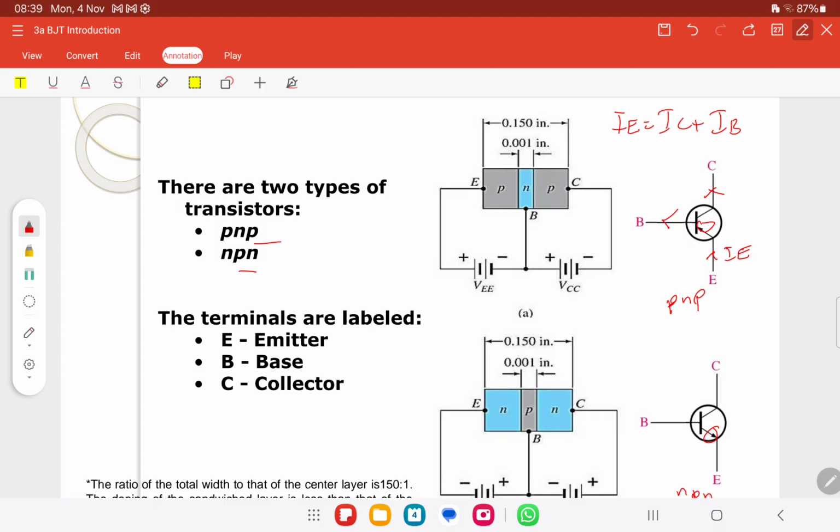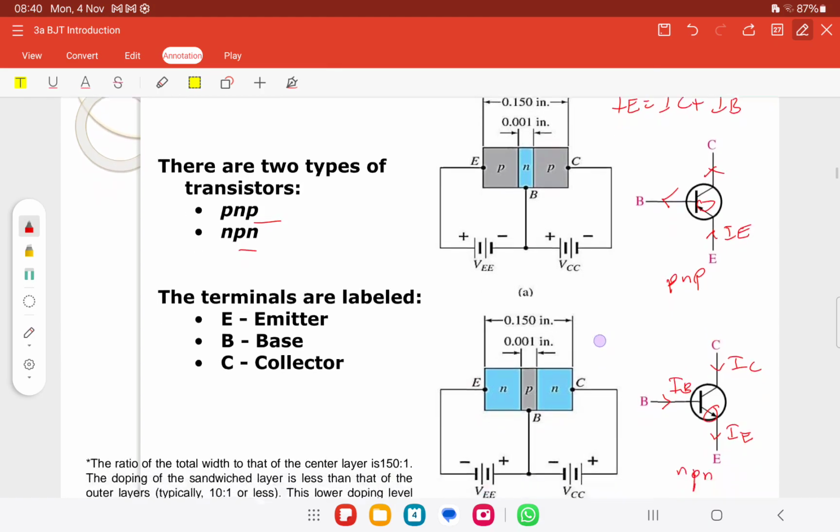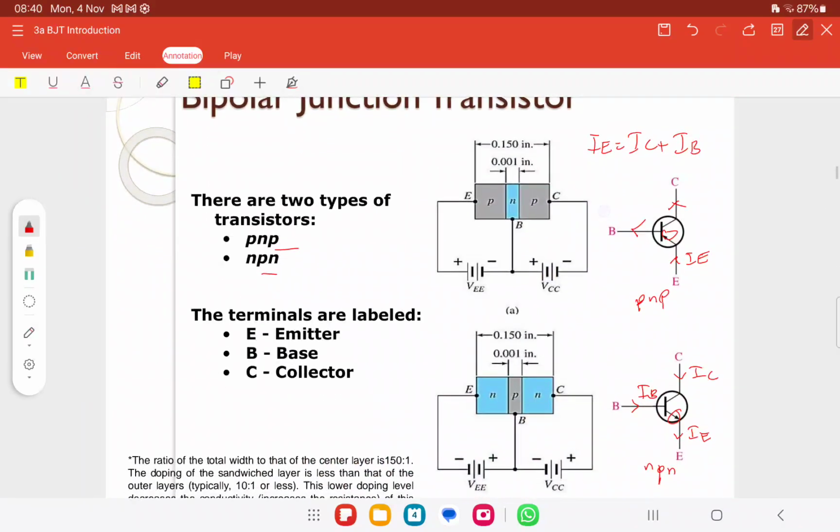Cuma yang ini dia akan masuk through the IE. For this one yang bawah, IC will go in, IB also goes in. So dia akan keluar kod IE. Okay, sama je. Just dekat IE ni dia masuk, tapi ini directions dia terbalik. Kan? Okay. Alright.